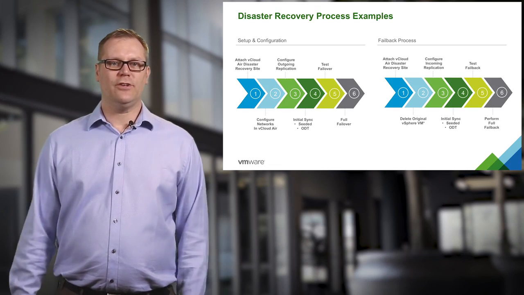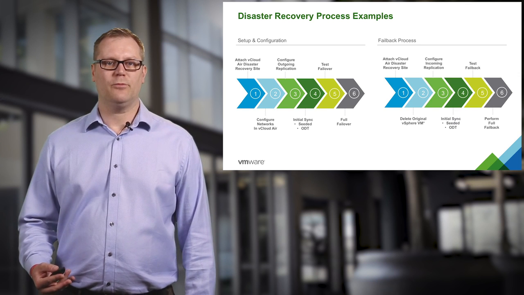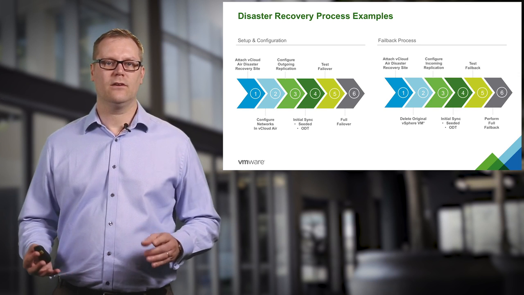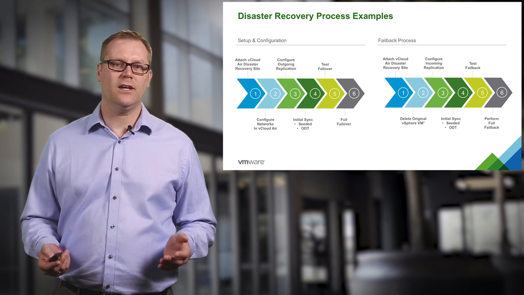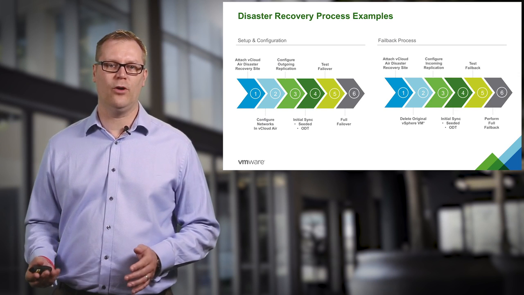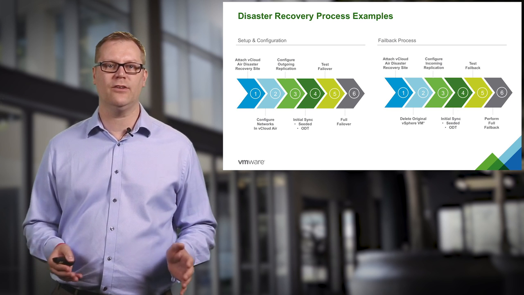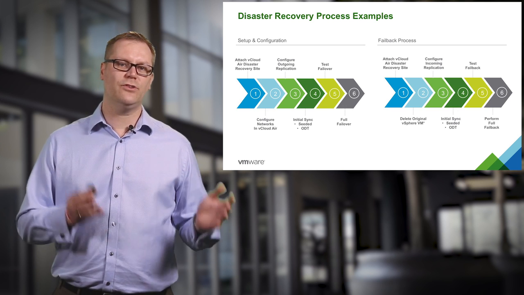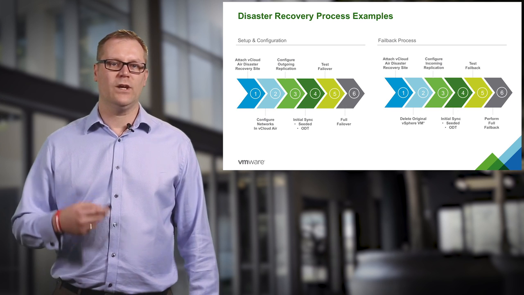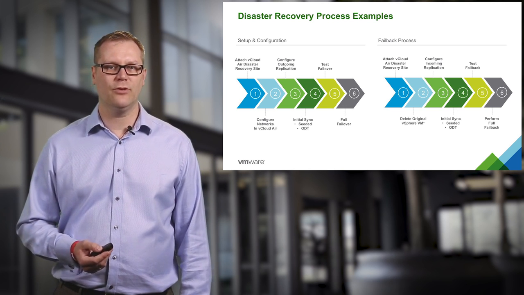So as you saw in that video, a lot of the advanced concepts were around how we configure Active Directory. Now what we're seeing here is the number of steps that we perform to actually do an end-to-end setup and failback process. So you can see on the left-hand side, we attach our vCloud Air disaster recovery site.